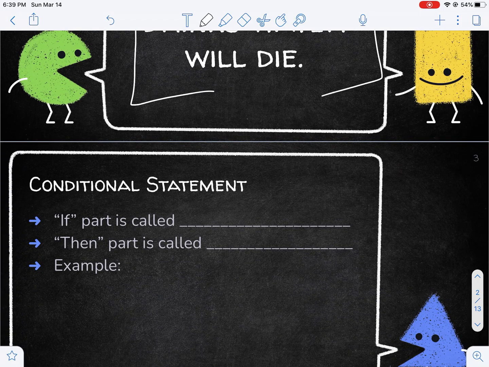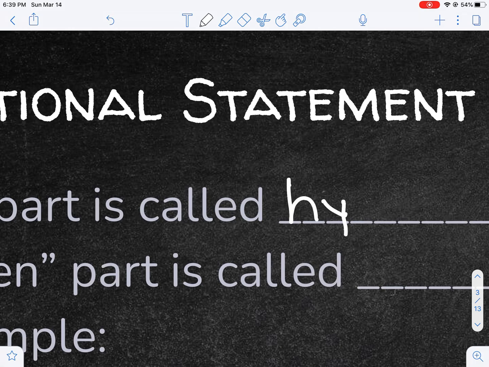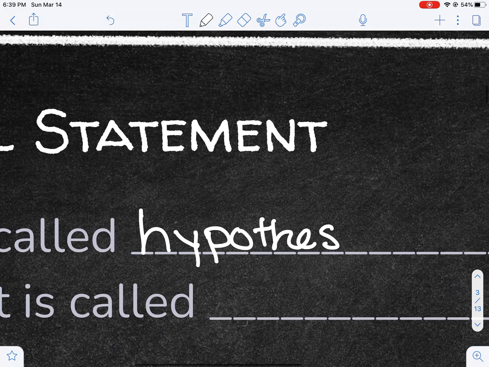And if I write it as a conditional statement, I'm going to have if blank, then blank. The if part is the hypothesis, and the then part is the conclusion.